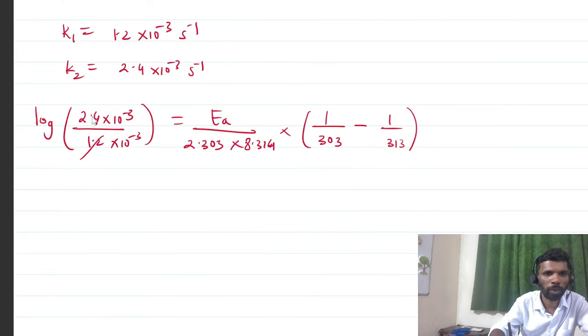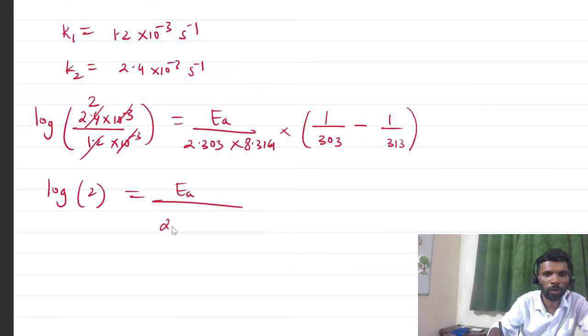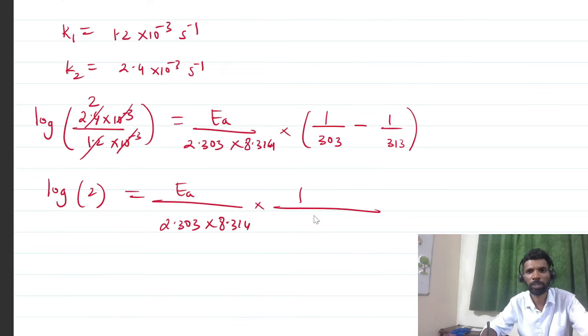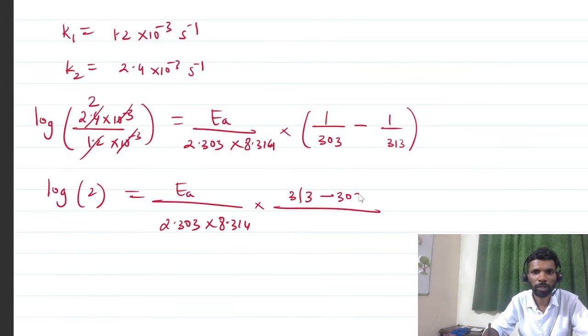So this is log of 2, equal to EA upon 2.303 and 8.314, into 313 minus 303 divided by 303 multiplied by 313.